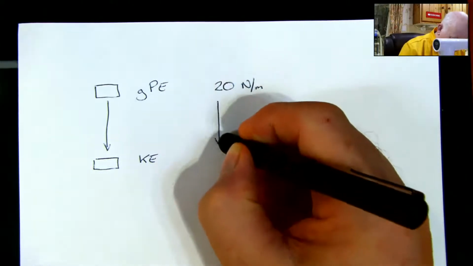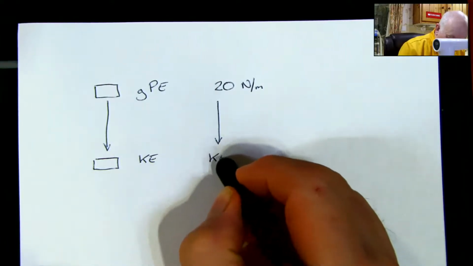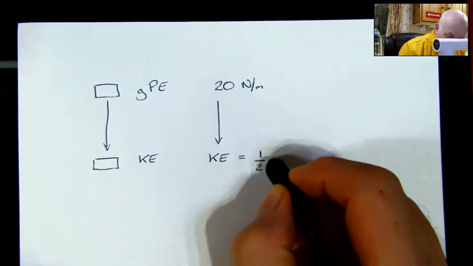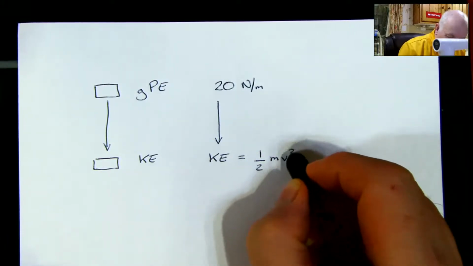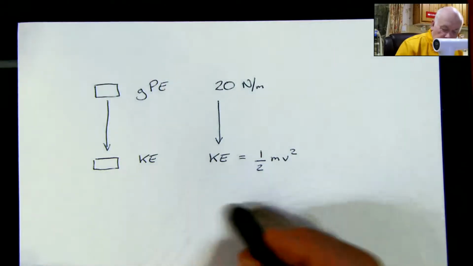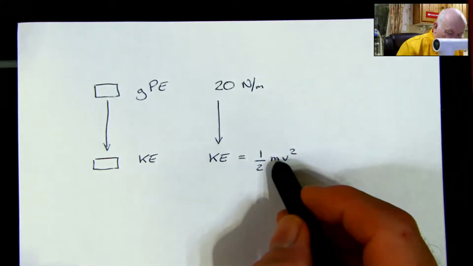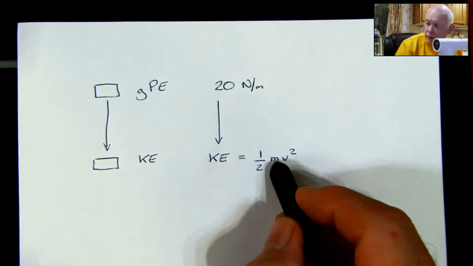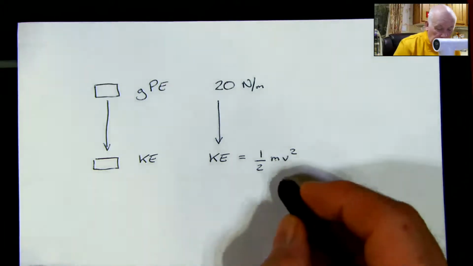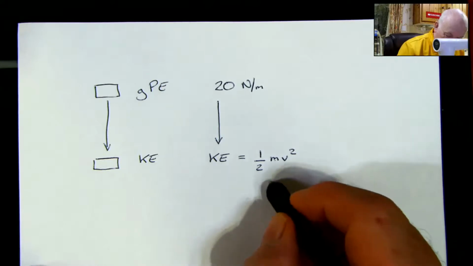This is going to be turned into kinetic energy. And kinetic energy is given by the formula half mv squared. So let's see what's going to happen here. Well, my mass is still the same. So if my mass last time was 1 kilogram, then it's still got to be 1 kilogram.